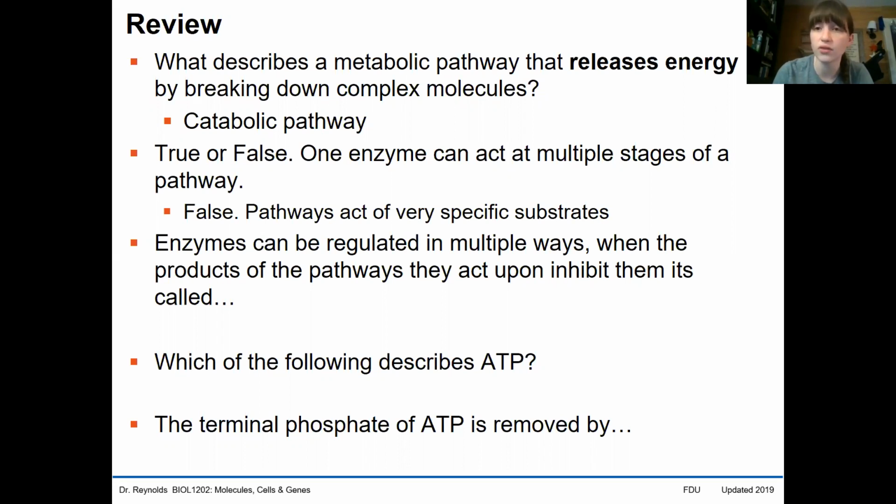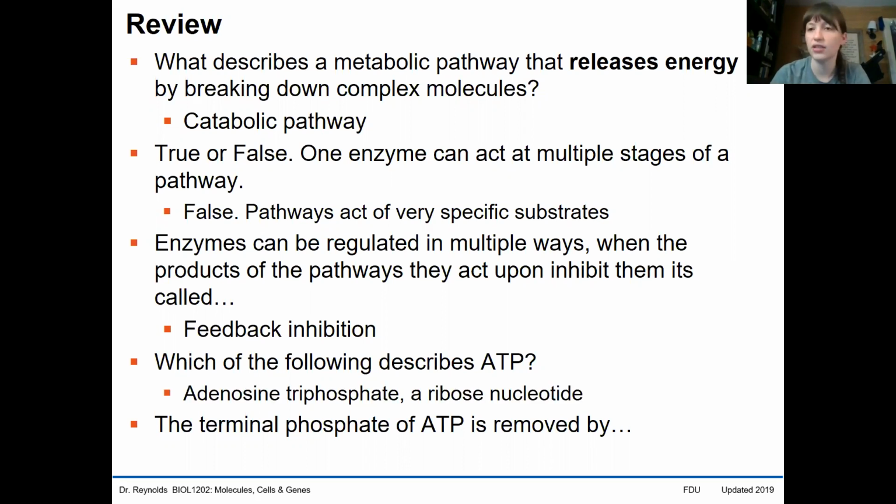So this is false. You need to have a different enzyme for each stage of your metabolic pathway because each enzyme can only act on a very specific substrate. Now, when the end product of a particular process acts on an enzyme at an earlier stage, this is known as feedback inhibition.